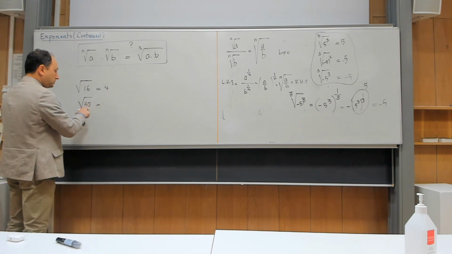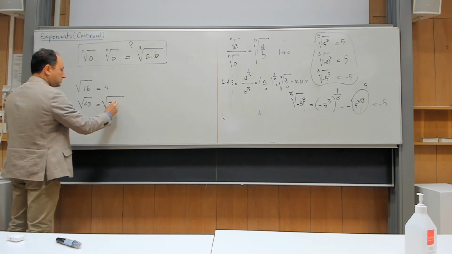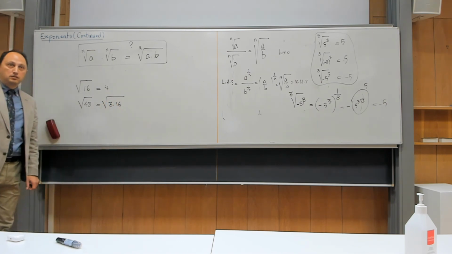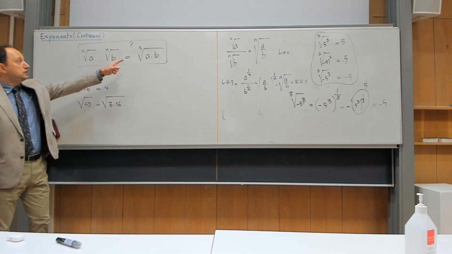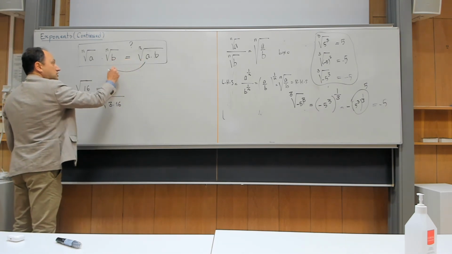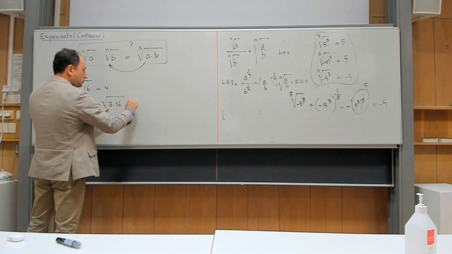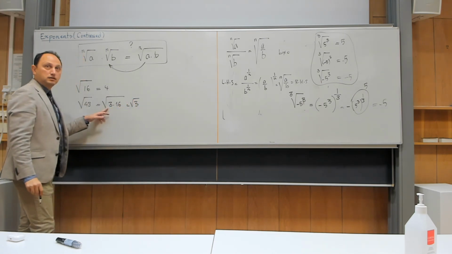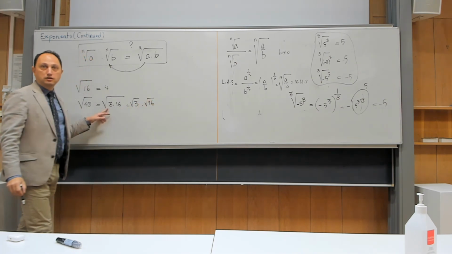Instead of square root of 48, can I write a square root of 3 times 16? Because 3 times 16 is 48. Okay? According to this rule, from this direction, I can separate this as a square root of 3 multiplied by square root of 16.